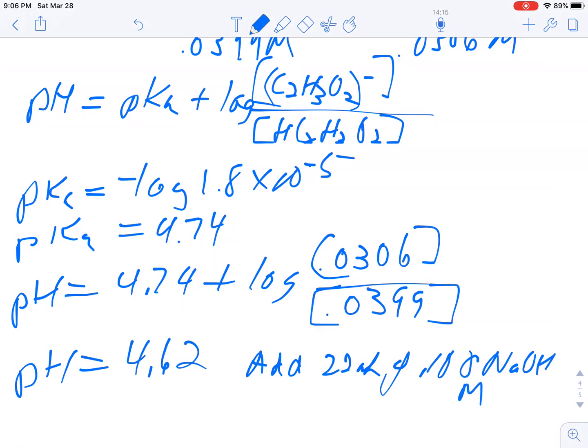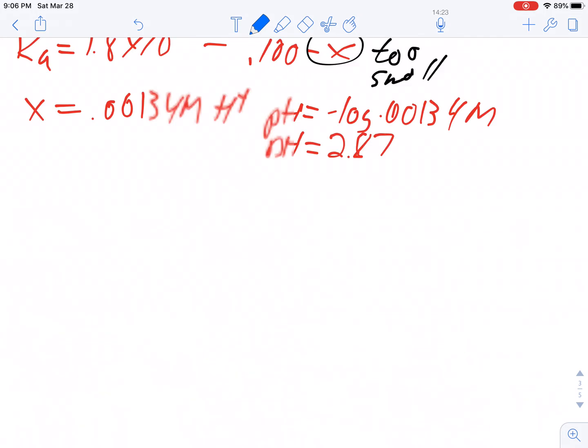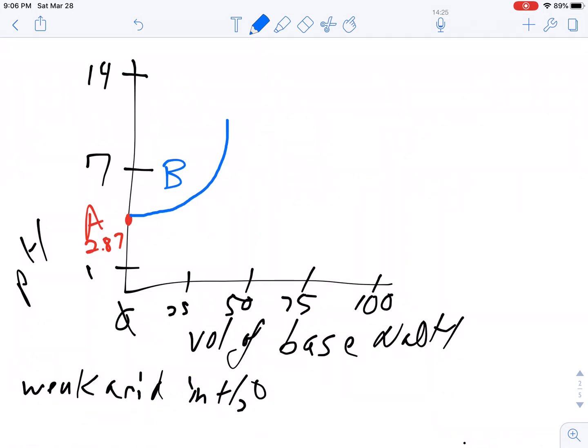Okay. Now, once again, you're more than welcome to work out an ice table, but using the Henderson-Hasselbalch equation is a heck of a lot easier. So, at right about there, my pH is 4.62.